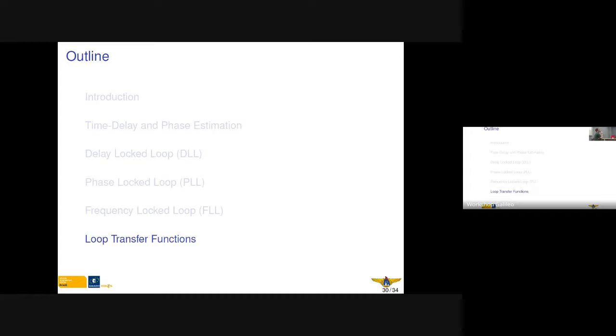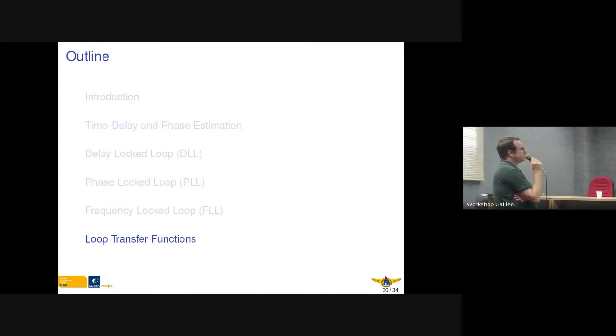Yeah, and now we can look at loop transfer functions. We have defined the delay lock loop, DLL, the phase lock loop, PLL, and the frequency lock loop, FLL. I have shown you how these three loops work together. It's possible also to skip the FLL and only use a PLL in this structure, but I prefer to use this three loop structure in this talk.